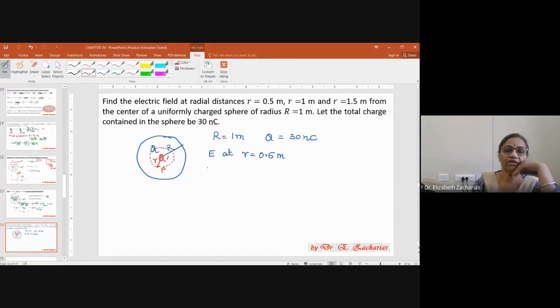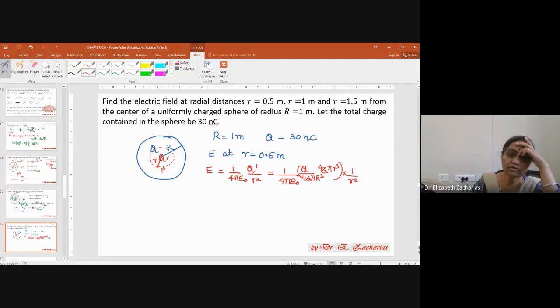Now write the equation for electric field. The electric field will be 1 by 4 pi epsilon naught, then q prime divided by r squared. Now what is q prime? Just now I showed you. q prime will be Q by 4/3 pi capital R cube into 4/3 pi small r cube, and then of course you have your small r square.